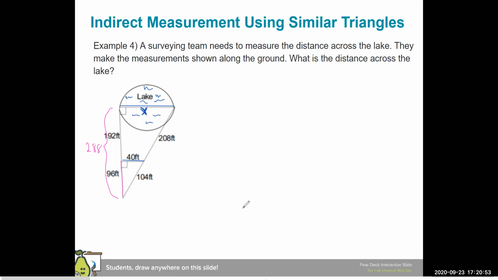So let's say the distance from this point way out here to the lake, that 288, will be in ratio to the distance from that point to this known cutoff here at 40 feet, that 96 feet. That ratio will be in the same proportion as the distance across the lake is to 40.